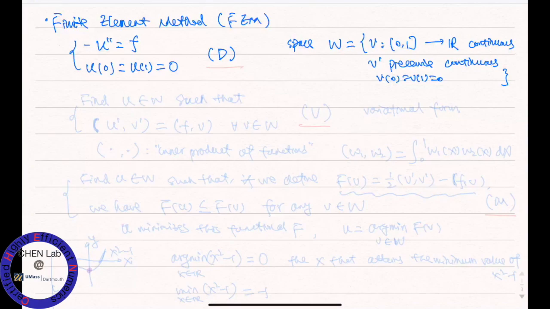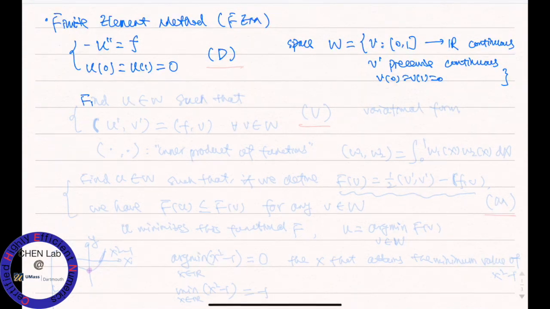The so-called variational form, you'll soon see why we're defining this, would be a starting point for us to derive the finite element method. That's why we need to do it now.